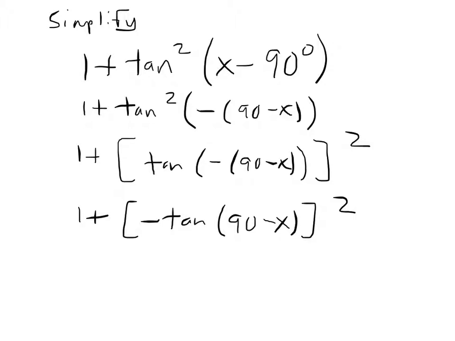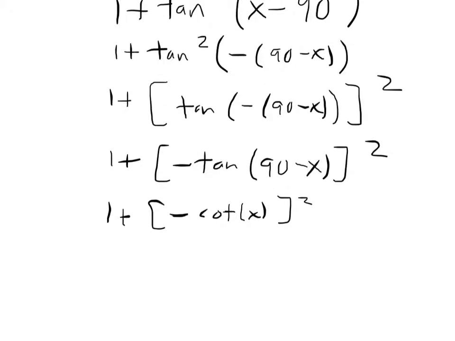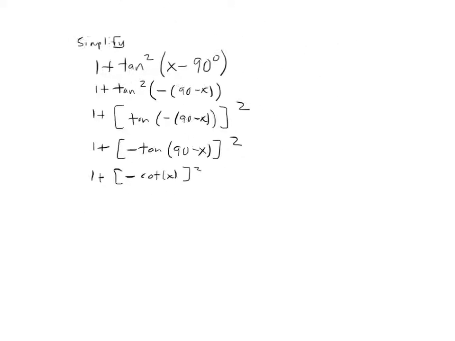Now, on we go. I've got in here the tangent of 90 minus x, and I know that's cotangent of x, cofunction relationship. So I have 1 plus negative cotangent of x, quantity squared. On we go.